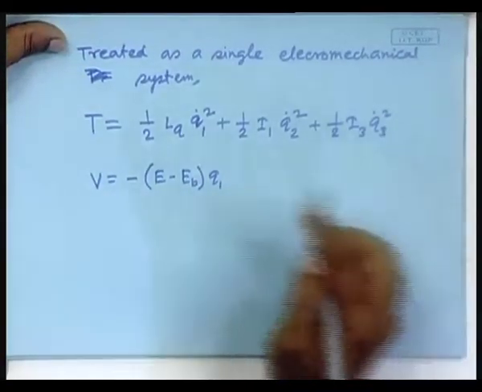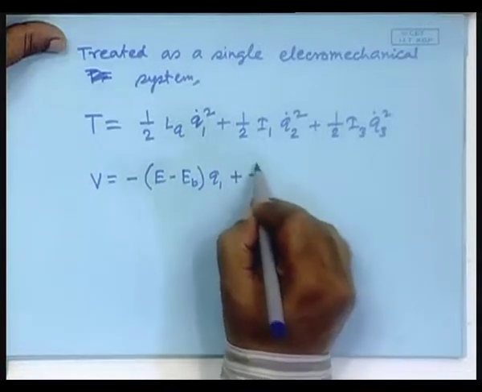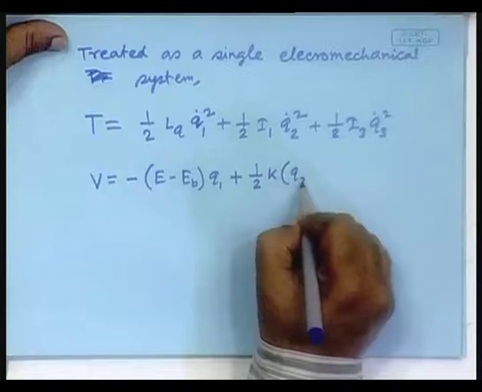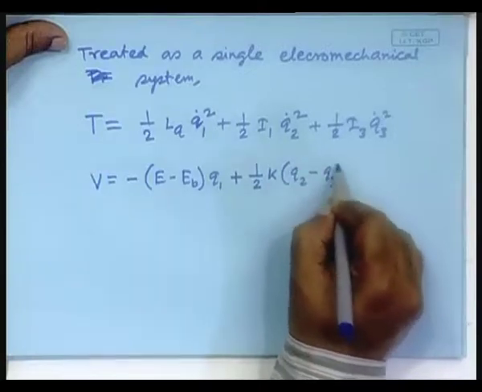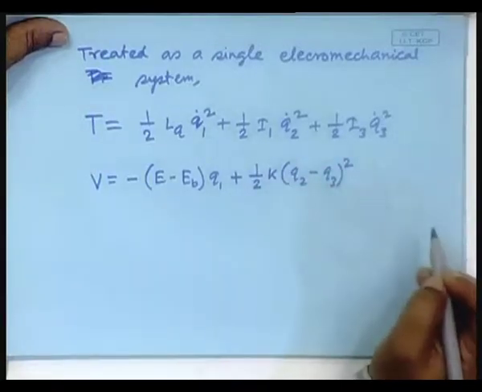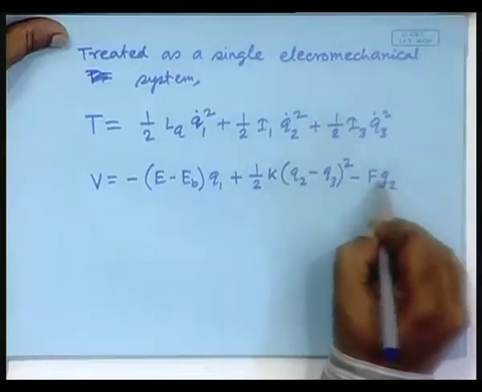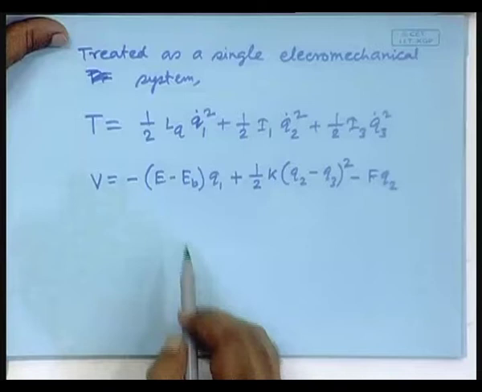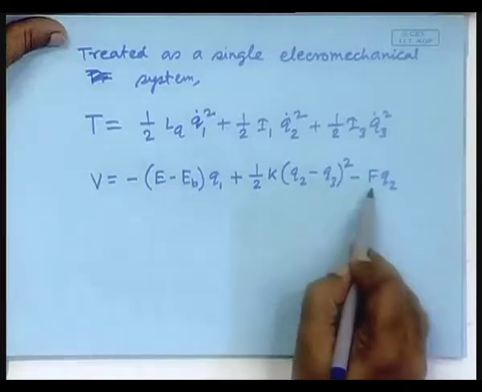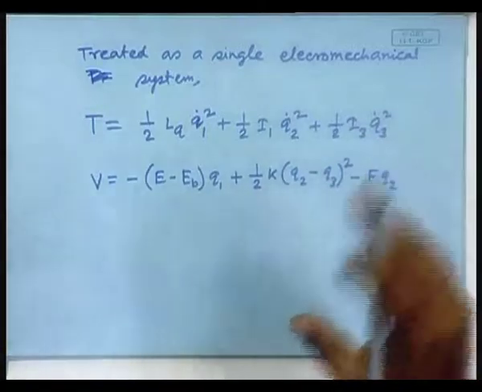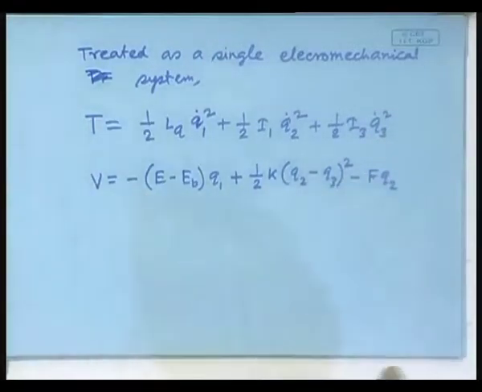Now, plus half K (Q 2 minus Q 3) of the spring, minus F Q 2, this is the torque. So, notice there was this term and there was this term that naturally appeared, they are inside the system, still they appeared. Now, we have to do something about that.